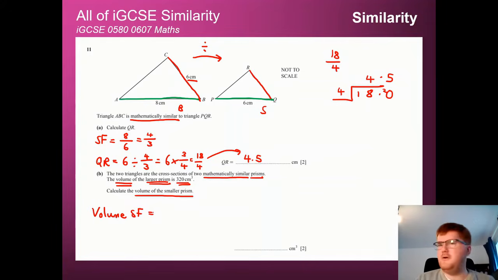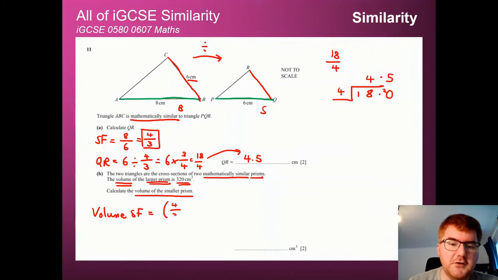Now you're probably thinking, well, how do I work out volume scale factor? I just have the scale factor, 4/3, from the previous question. Well, all we do is we take that 4/3 and we're going to cube that number. Okay, because notice we've got centimeters cubed or cubic centimeters. So we want to take that and then cube it.